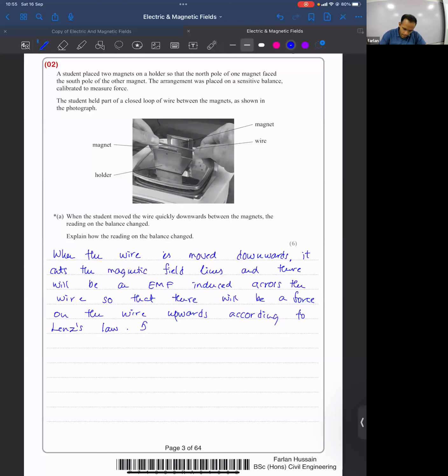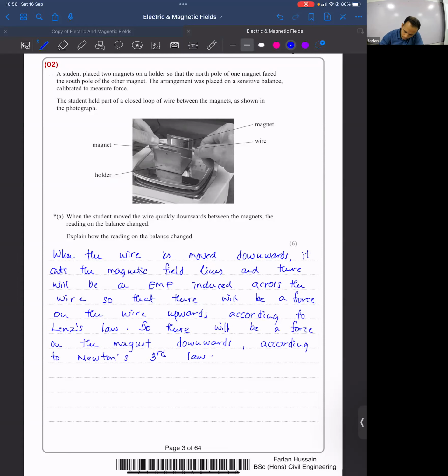So there will be a force on the magnet downwards according to Newton's third law.